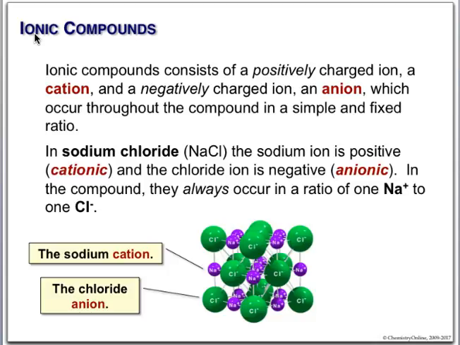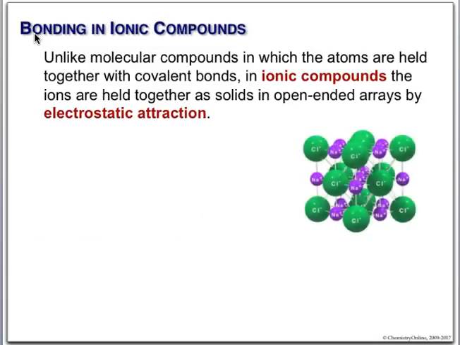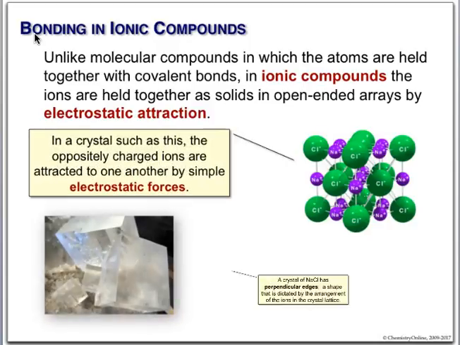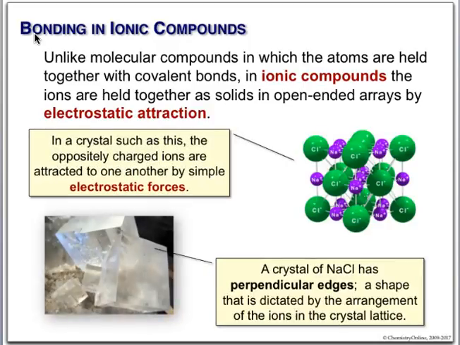Now, when you make a crystal or a structure of sodium and chloride ions, they tend to line up, as we've shown here. If you notice, this is a cube. It's a very nice, happy cube. If you look at the detail of a crystal of sodium chloride, you'll see it has really sharp little edges and is basically cubic.